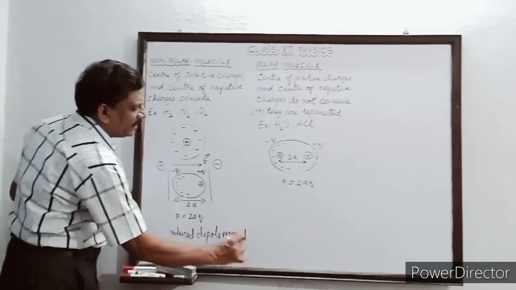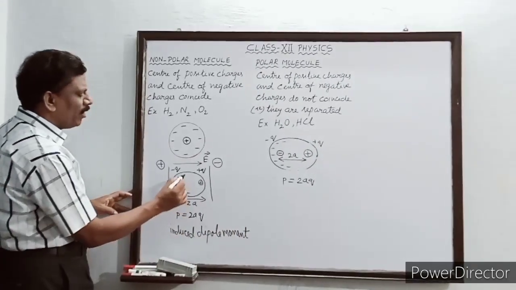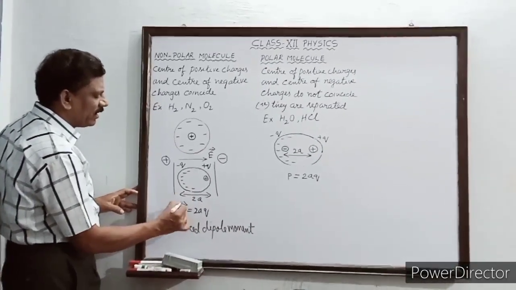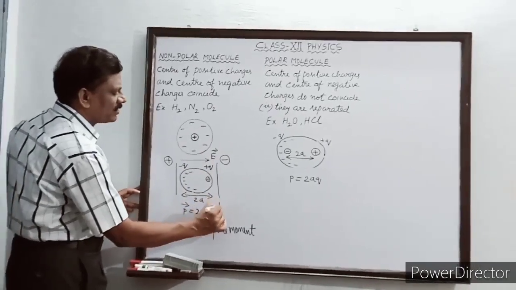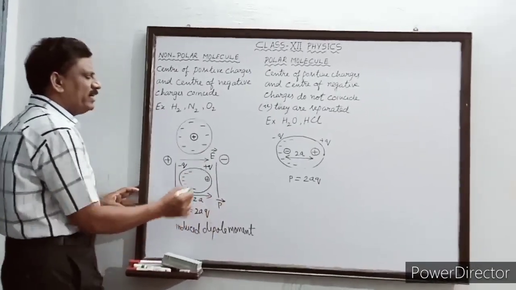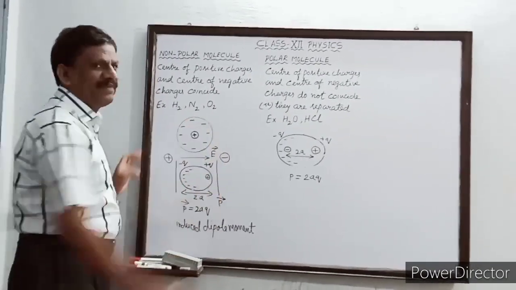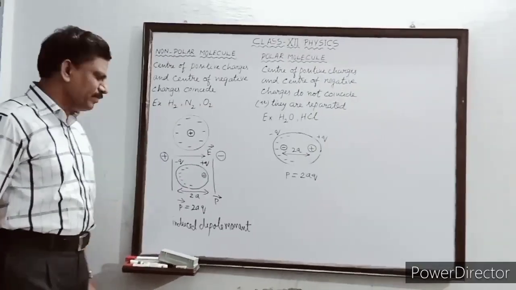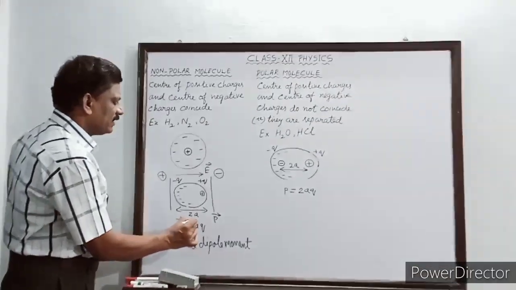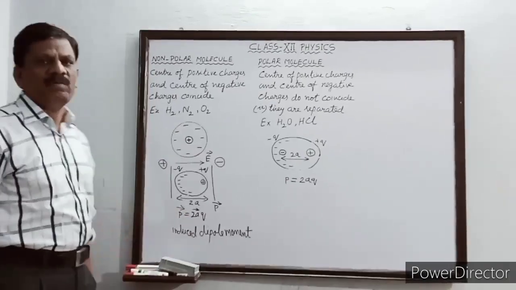Okay, and this induced dipole moment will have a direction along the direction of the electric field. So the direction of the induced dipole moment and the electric field both are one and the same. So this is the expression for the induced dipole moment.